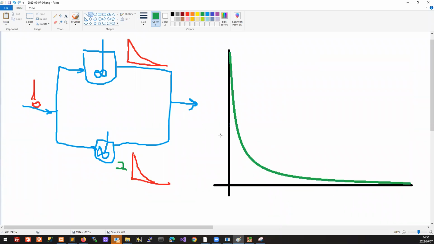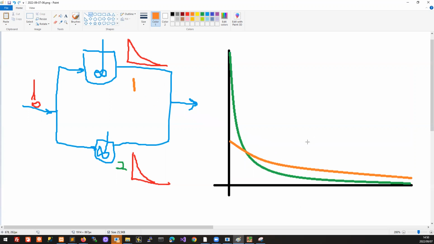And then from the other one, we are going to get a much different decay. That's reactor 1. We'll still have an exponential decay here, but it's more like that, a shallower decay.